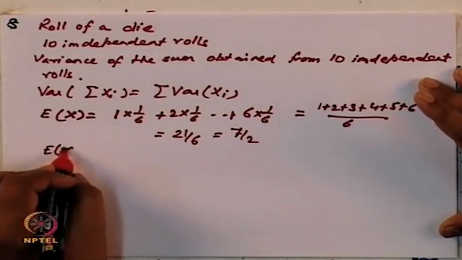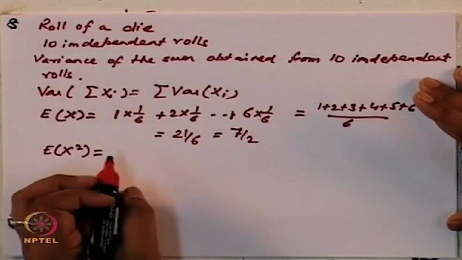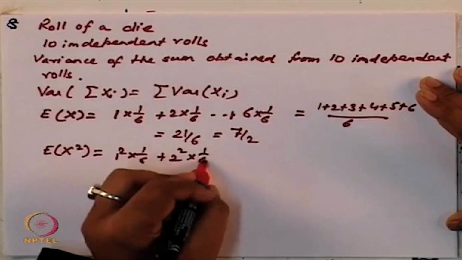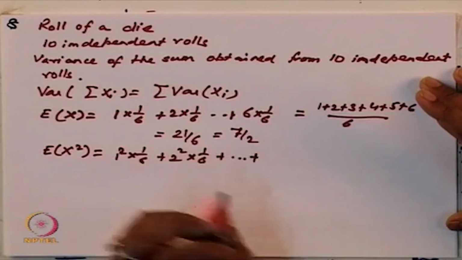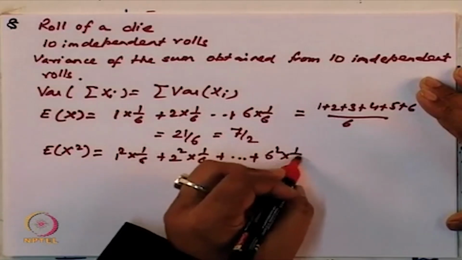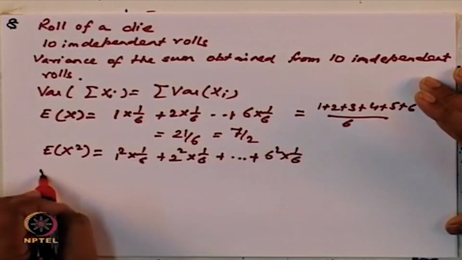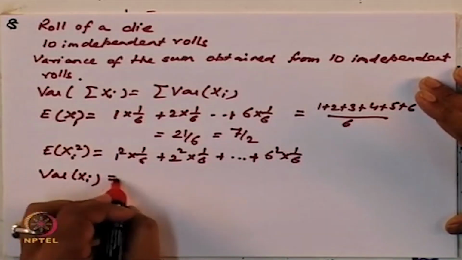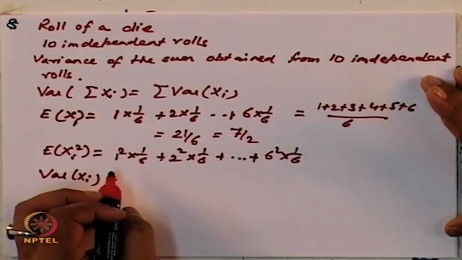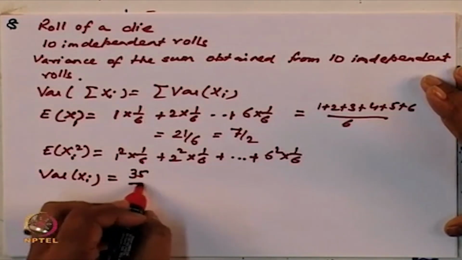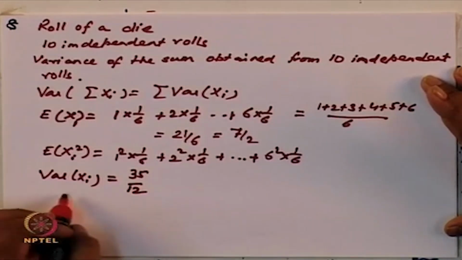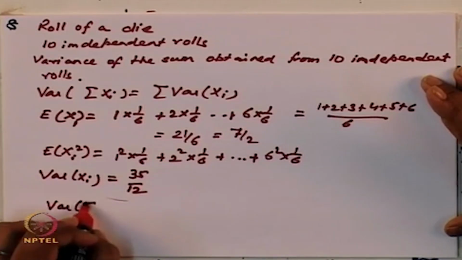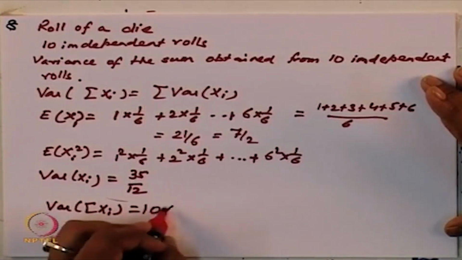And E of x square is equal to 1 square into 1/6 plus 2 square into 1/6, and so on. Okay. So, finally, you will see the variance of xi. You can compute this value and see, I think it will come to around 35/12 or something, but just check. Okay. So, if this is for a single variable, then I have to multiply. So, variance of summation xi then becomes 10 into 35/12.